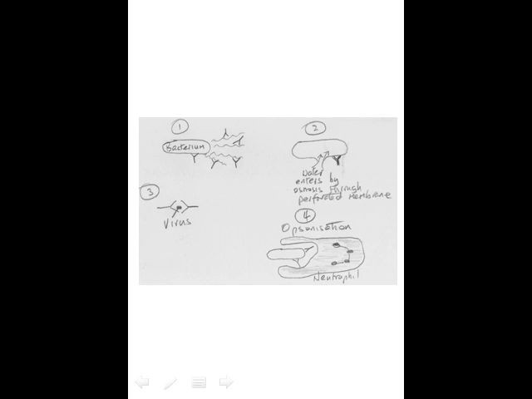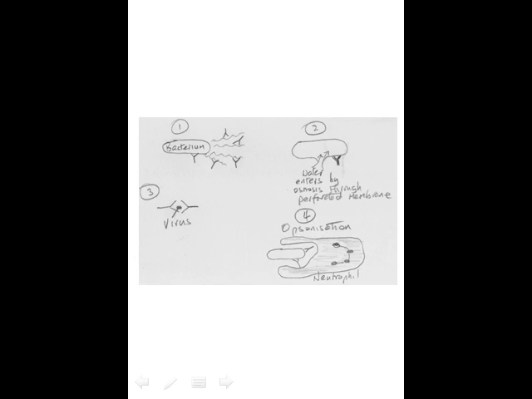In step 3, we're looking at a virus which has become surrounded by antibody molecules, and therefore it cannot enter. And if you come along to the COVID-19 presentation that I'm doing in a few days' time, you'll hear a bit more about how viruses can actually be dealt with.